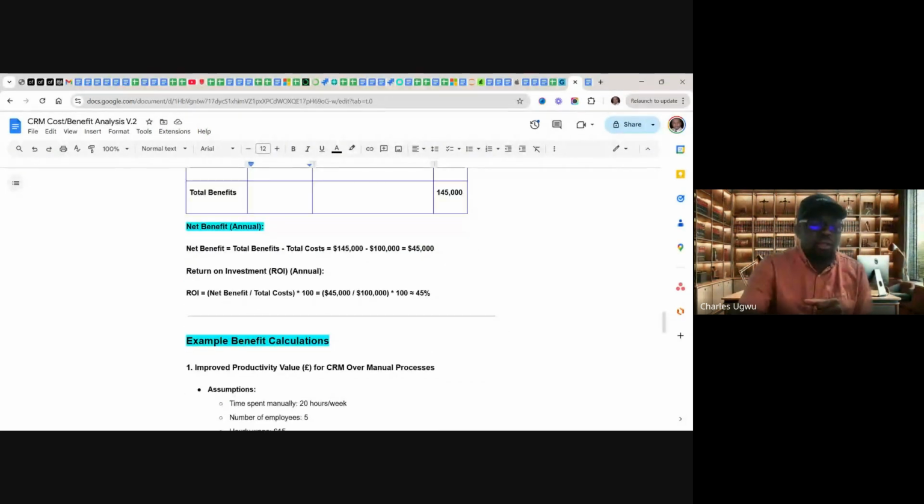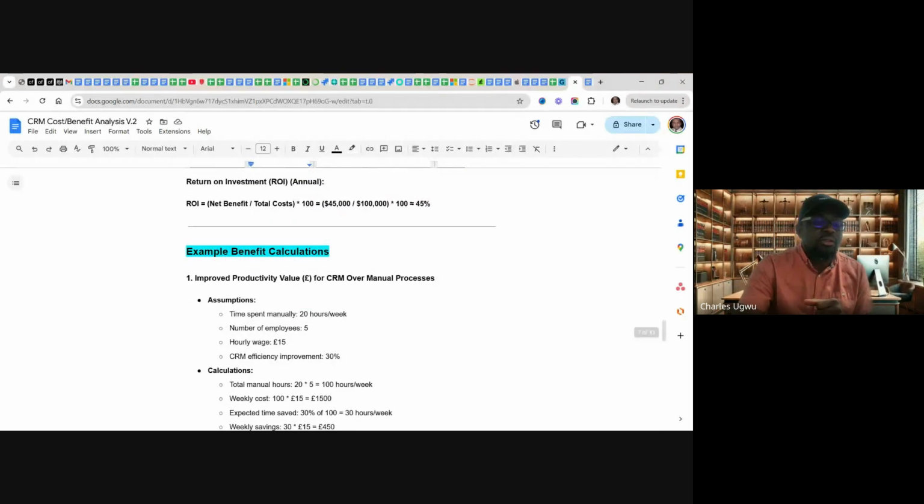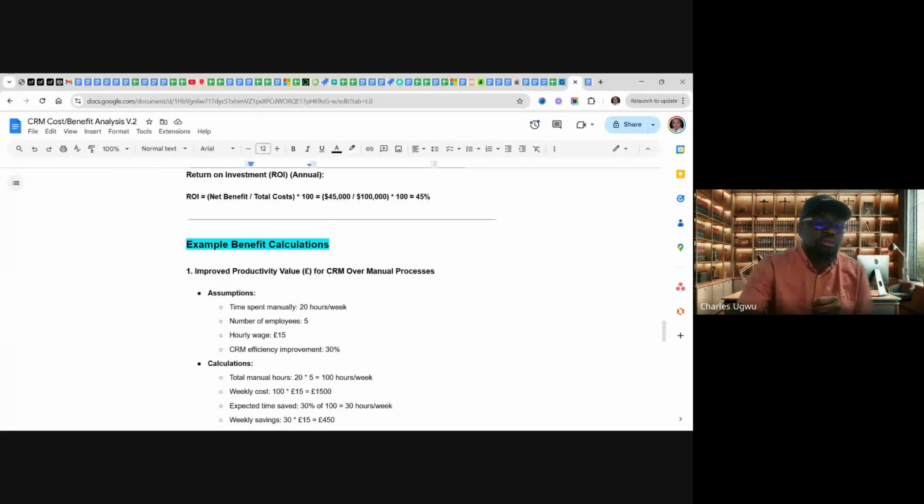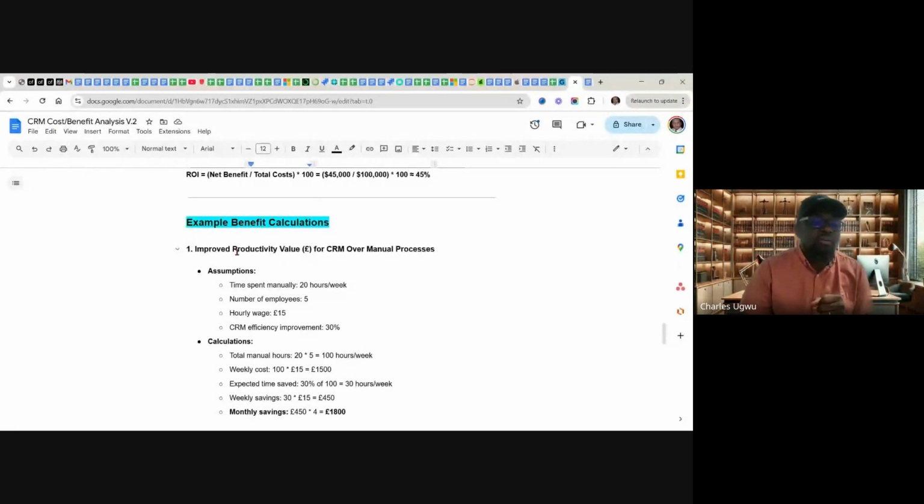So coming down here, you see examples of benefit calculation. You see here, improved productivity value for CRM over manual process.